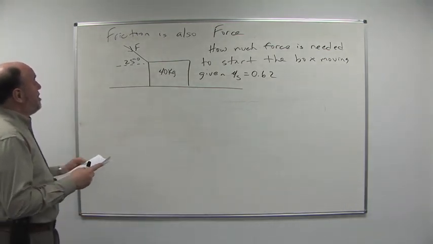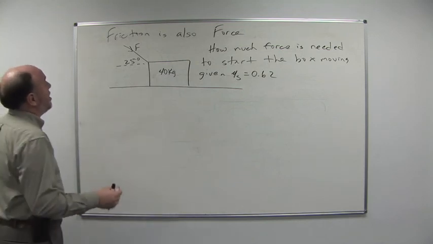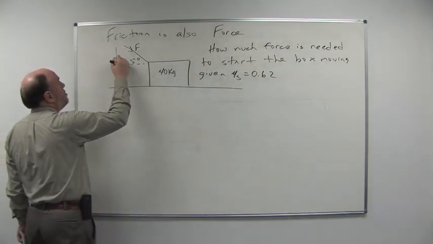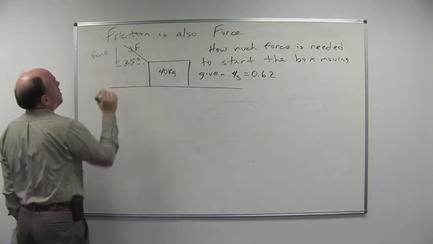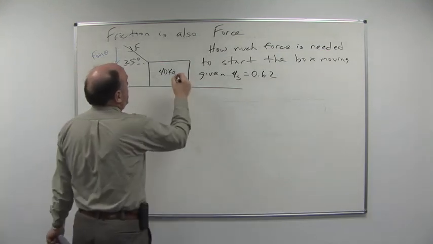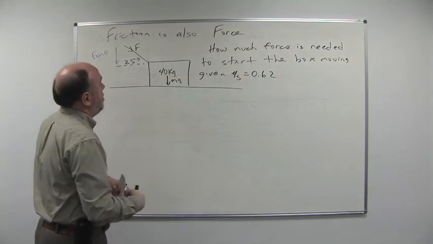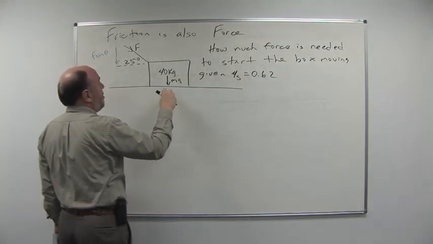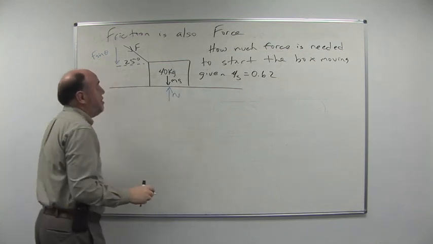So in regards to the forces that are acting on my system here, there is a downward component due to this applied force, which will be given by F sine theta. There is the weight, so there is mg here. There also is a normal force, which is acting here. Okay?